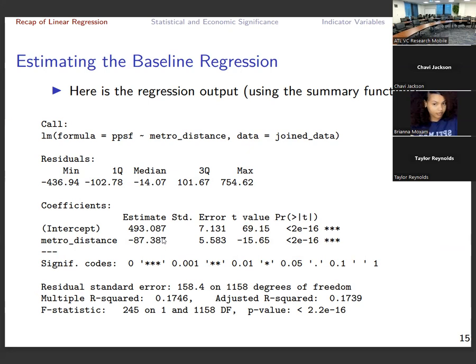Now, Shavai, given what we've heard thus far from Taylor, is the coefficient of negative 87.387, what can you tell me about the statistical nature of that number?